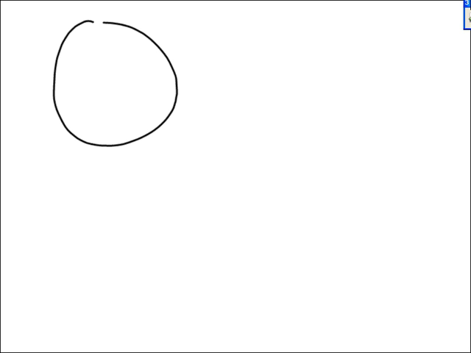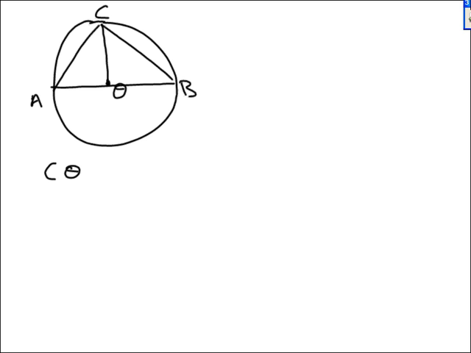We have a circle, the center is O, and you have a diameter which crosses the center, and you have this vertical radius. You have a diagram like such. A, O, B, C. And you're told that CO is perpendicular to AB.